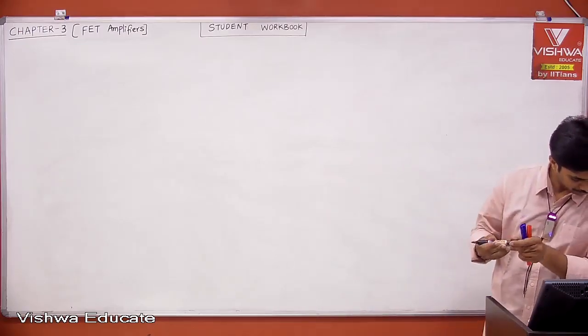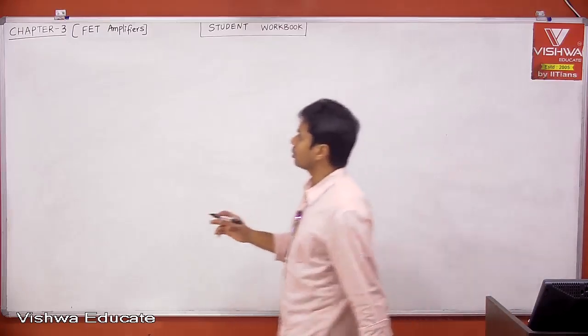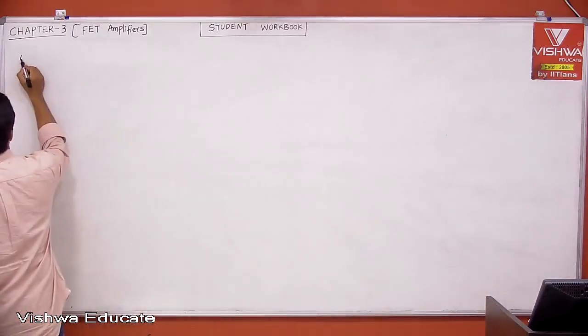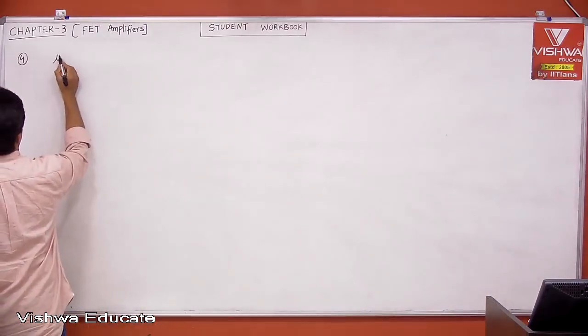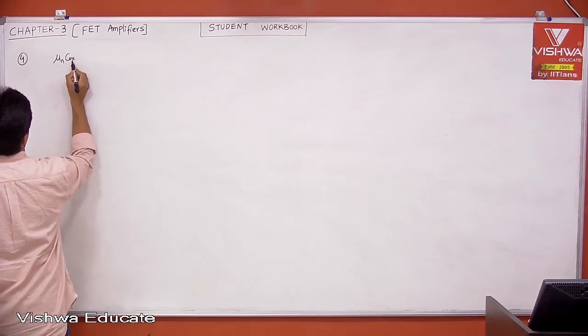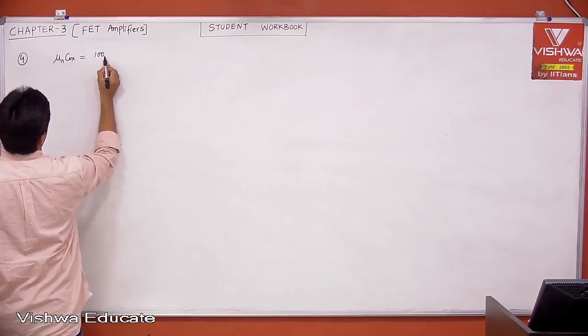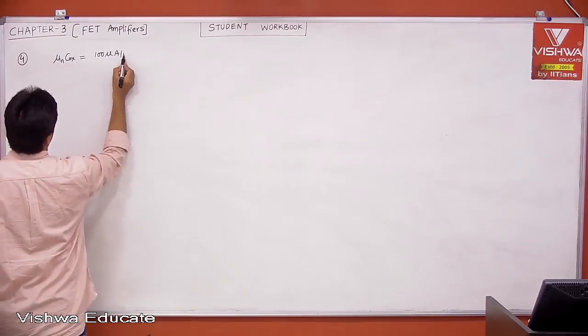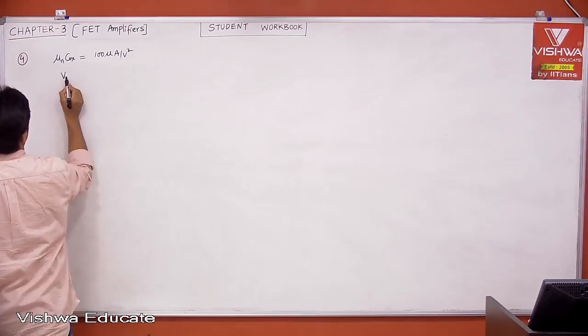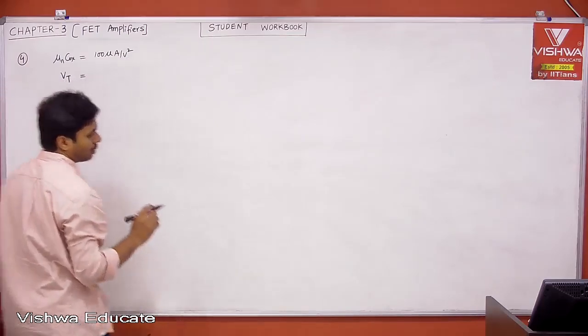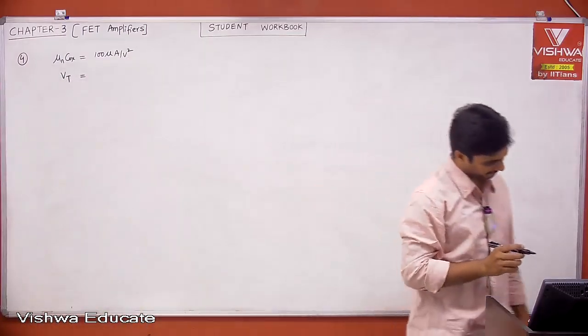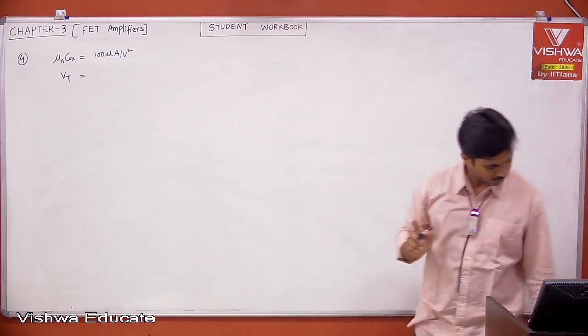Given mu n Cox is equal to 100 microampere per volt square, and Vt, what is Vt? 1 volt? Yes, 1 volt.